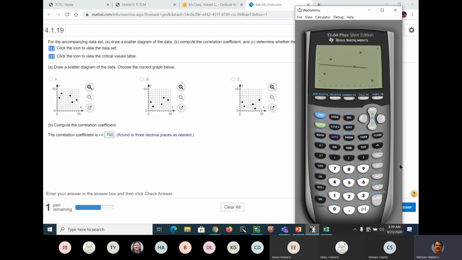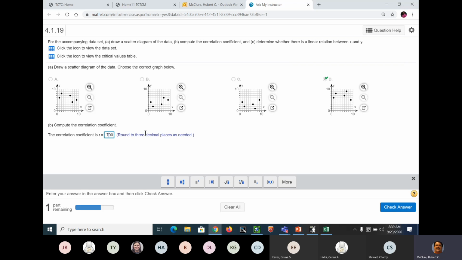There you go. And you see it has a negative correlation, negative slope. And it's not very strong. A 0.13, 0.14 is not very strong. Rounded to 3 decimal places, that's going to be negative 0.131, 0.140.